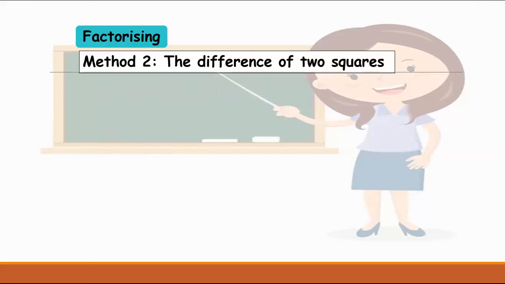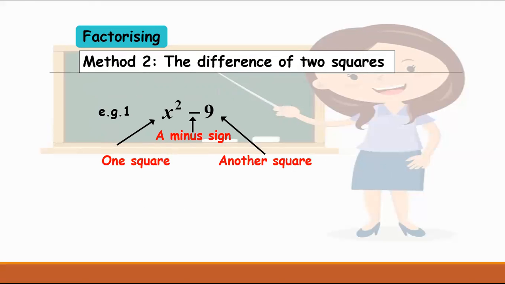Now, method number 2 of factorization: the difference of two squares. When we have x squared minus 9, we actually have a minus sign in between. This is the indication of method number 2. The second indication is that the first term is a square, the second term is also a square, and there's a minus sign.